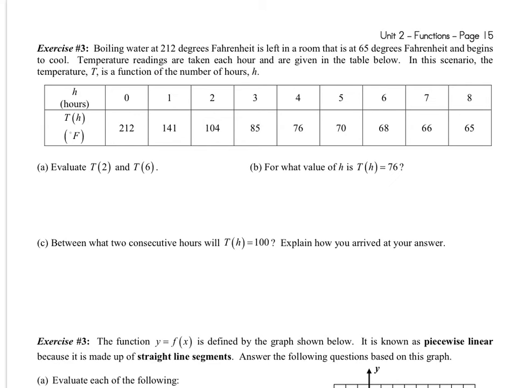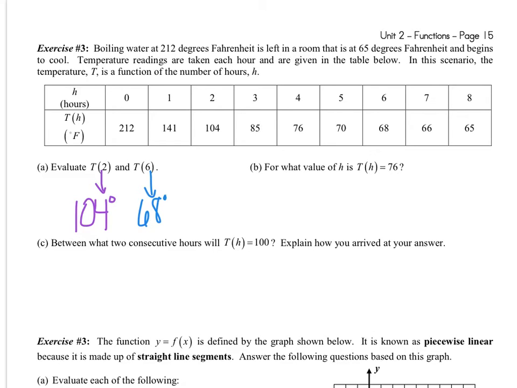If the number of hours is 2, the temperature was 104 degrees. And for T of 6, that's saying when the 6-hour mark has gone by, the temperature was actually 68 degrees.